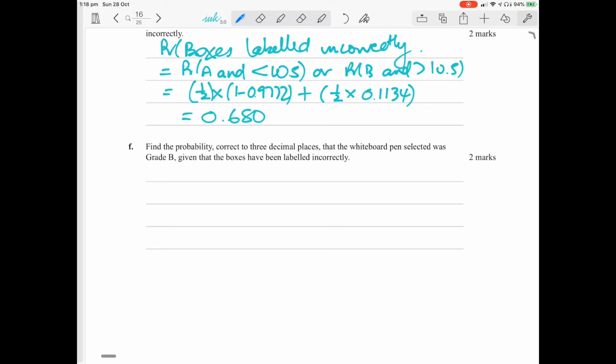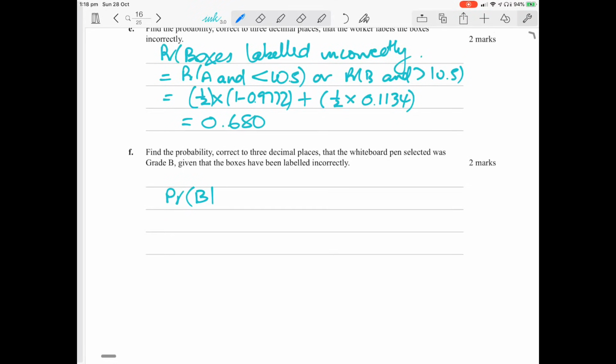Find the probability the whiteboard pen selected was grade B, given that the boxes were labelled incorrectly. So that's the probability it's from grade B and incorrect, over the probability of incorrect.